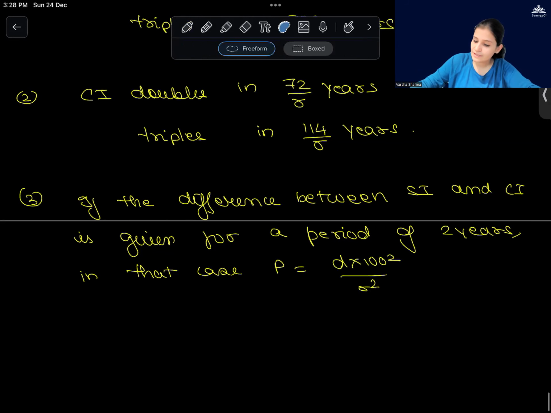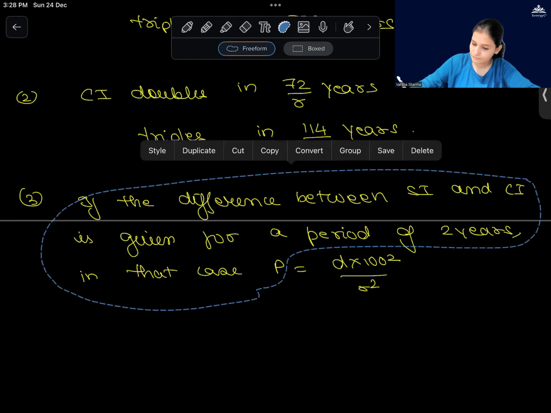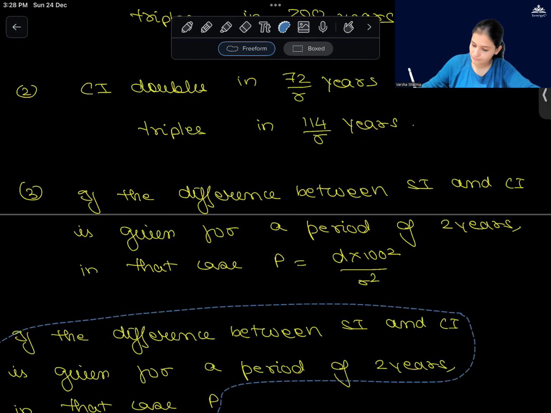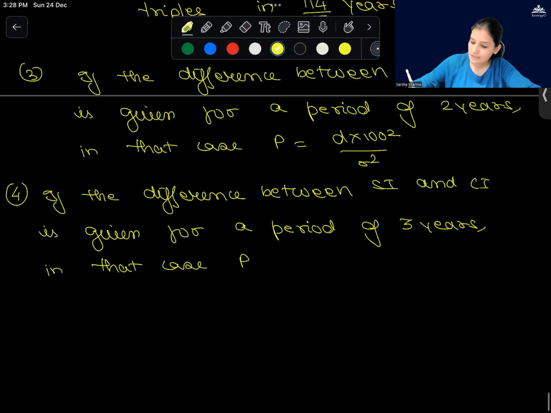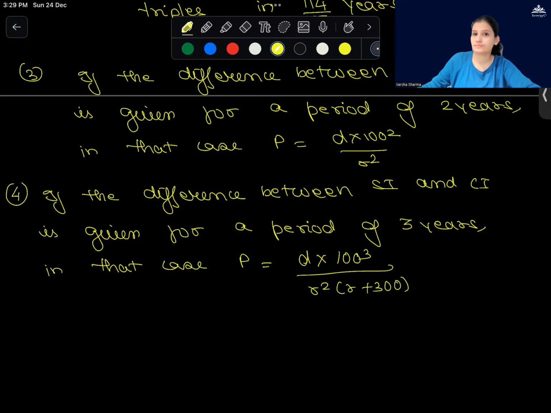And if the same thing is given for a period of 3 years, then the principal will be D into 100 cube upon R square, R plus 300.